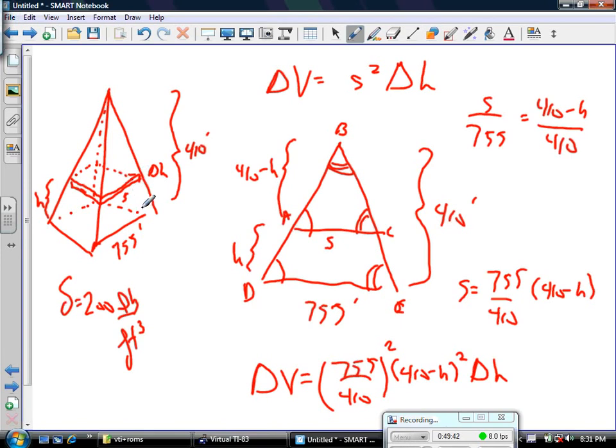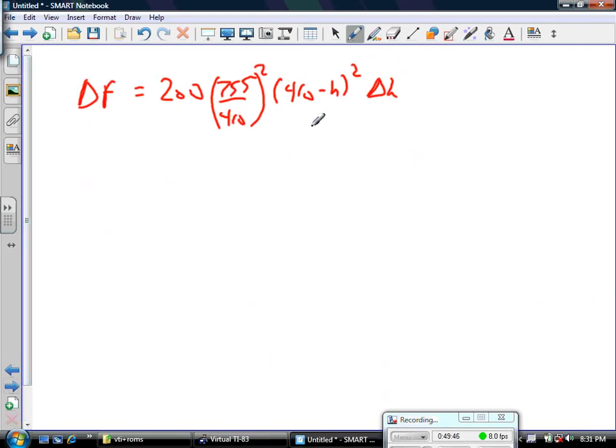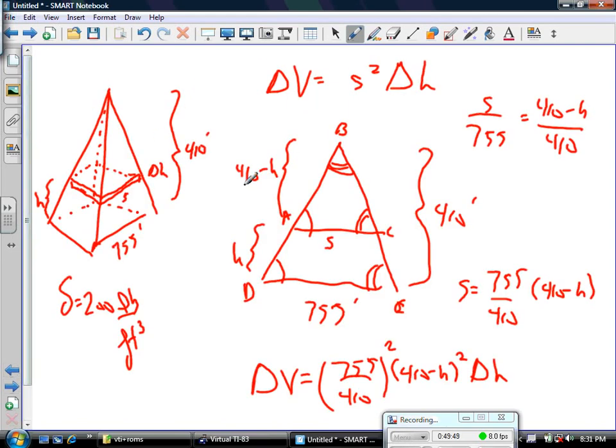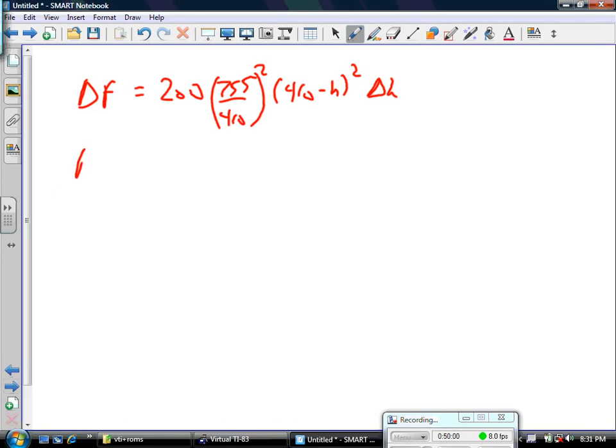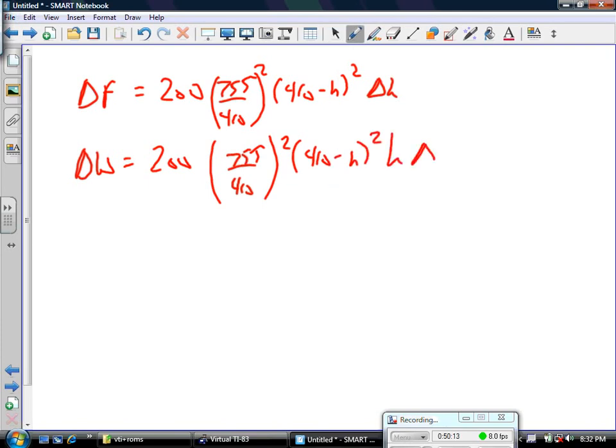Remember, work is force times distance. We have force if we integrate this. What's the distance? That force represents the weight of this slice. How far did I have to put it from the ground? H. Okay. So delta W is simply that times h.